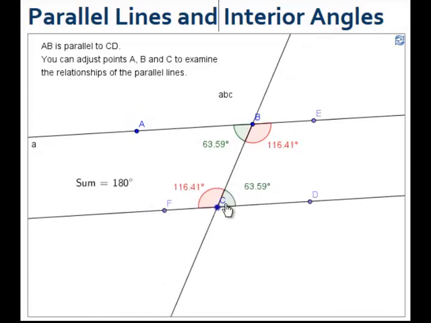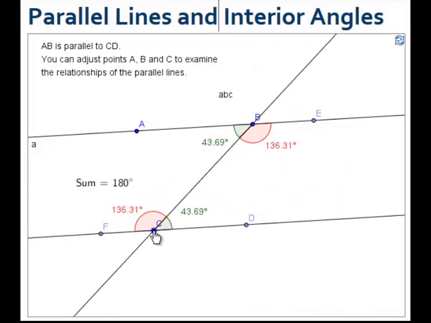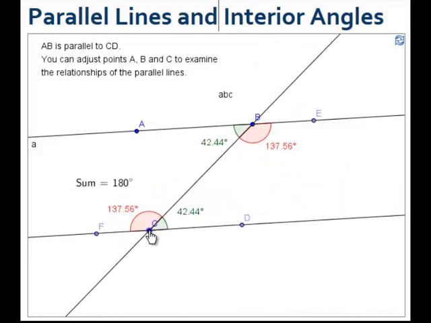Now I can make the lines closer to each other or further away or play with the angles. One thing you'll notice as I adjust it is that the two green angles, which in this case are acute, are always matching. They are congruent. Since they are on the interior of the parallel lines, they are alternate interior angles. So alternate interior angles are always congruent.